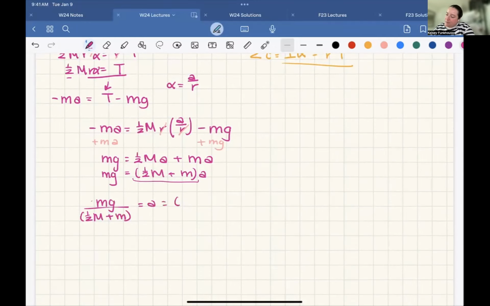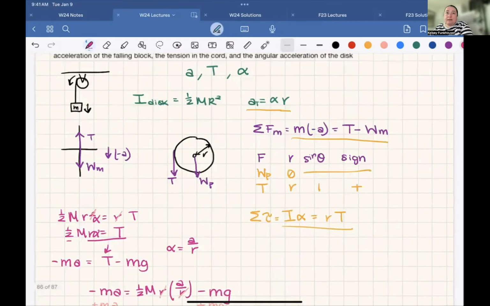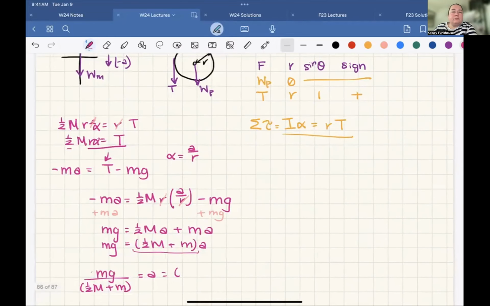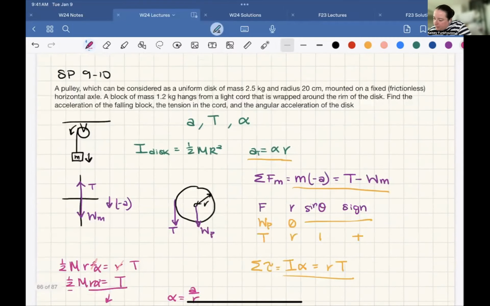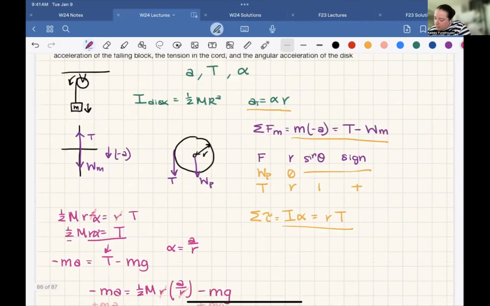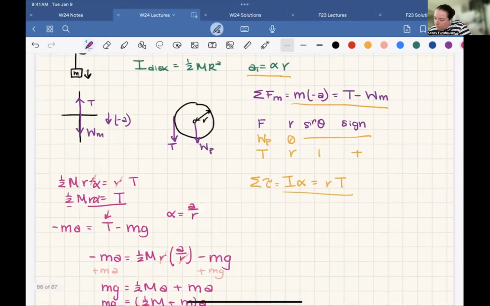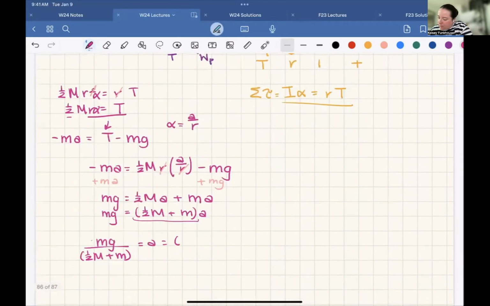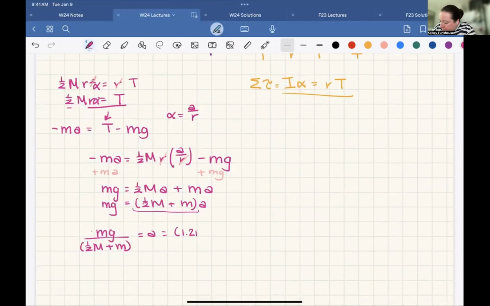And we can plug stuff in. I don't remember any of the masses. Actually, I have it up here somewhere. Let's see. I'll just check here. Okay, so the weight that's hanging down is 1.2 kilograms. It's 9.8 meters per second squared.